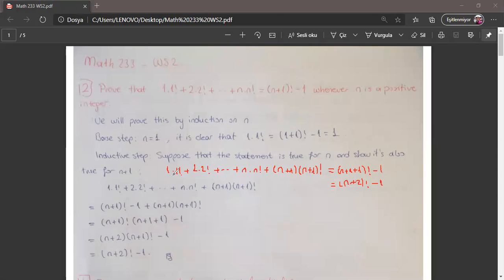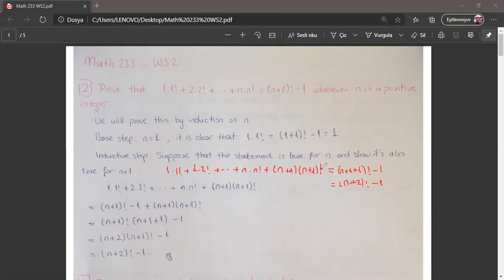If you want to show some equality, you need to start from the left and obtain the right, or the opposite: you can start from the right and obtain the left. So we suppose it's true for n, and show it's true for n plus 1.